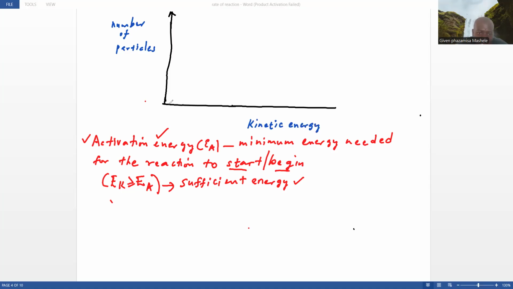Now, at the start of the reaction, this is the point where the kinetic energy is zero. But after some time, it increases and reaches a maximum, then it decreases. So we're going to have something like this.